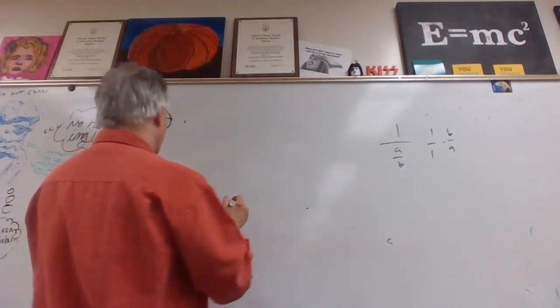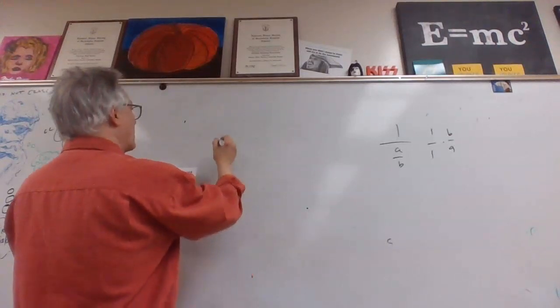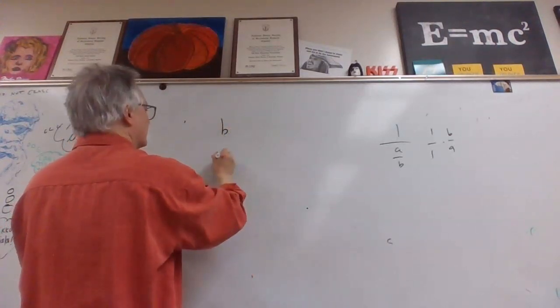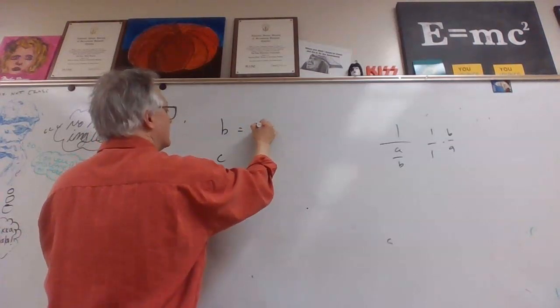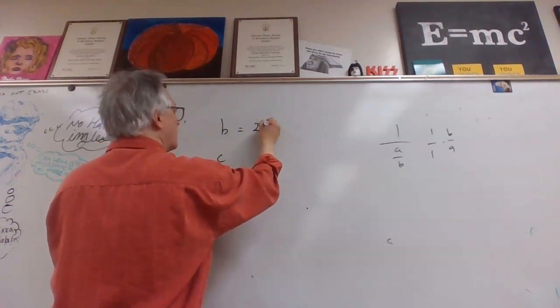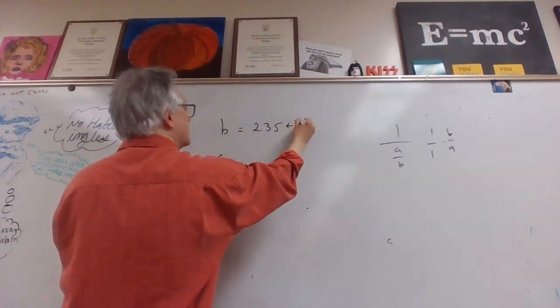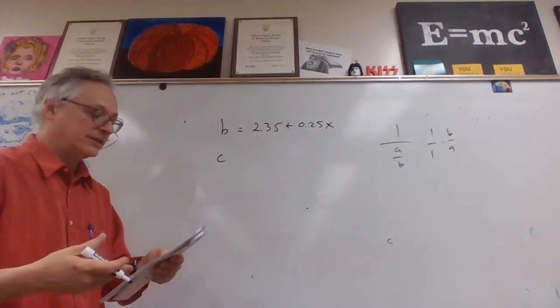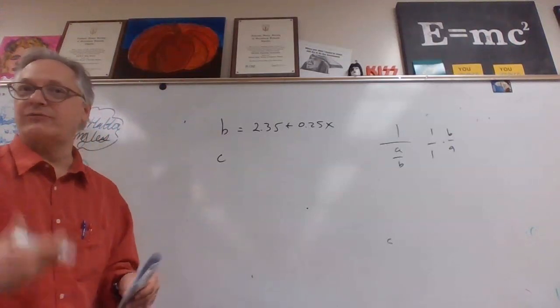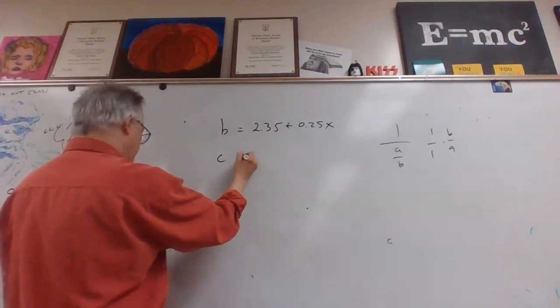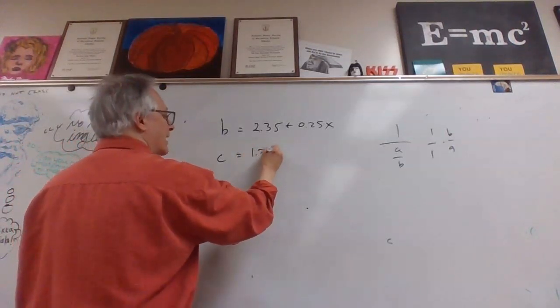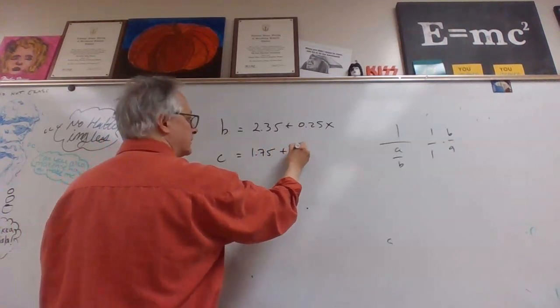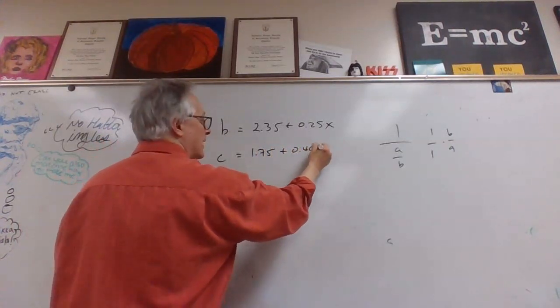B and C represent the price of beef and chicken. So beef is going to be $2.35 plus 0.25x, where x is the time in weeks after a certain point. And your chicken price is $1.75 plus 0.4x.